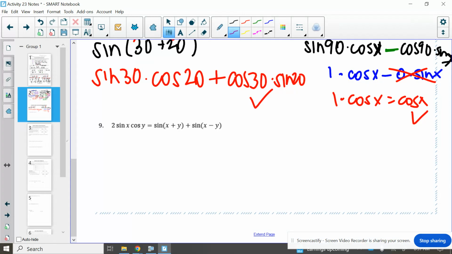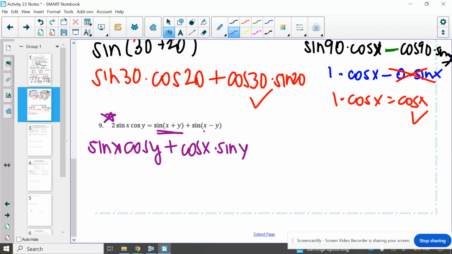This time, I'm going to make this left-hand side my goal. And I basically have two different ones I'm plugging in, right? So for the first part, we would have sine of x times cosine of y plus cosine of x times sine of y. So that's coming from this part. But we're also adding on to that this other piece, right?